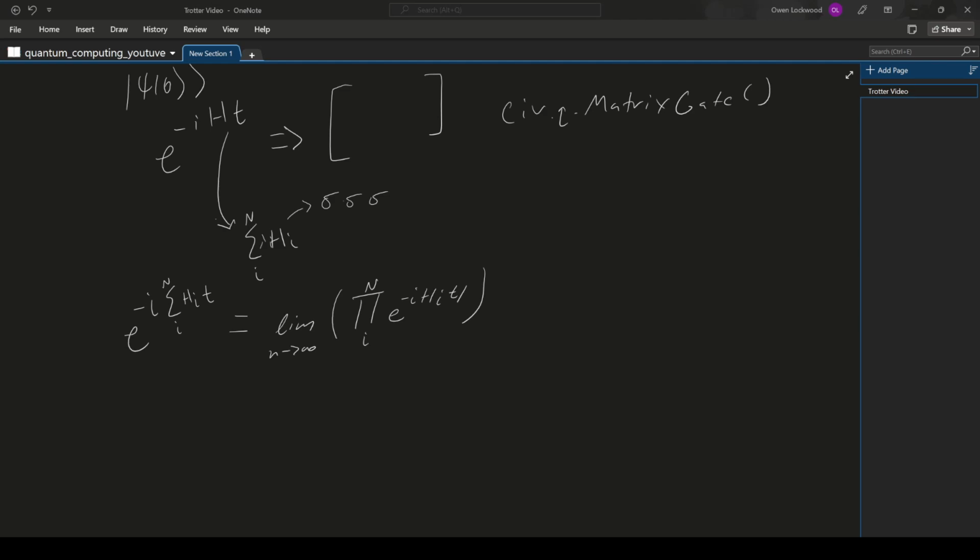Sorry, I shouldn't have used both n's, but I'll just do n here. So that little n is the limit n. So as this goes to infinity, this becomes true.